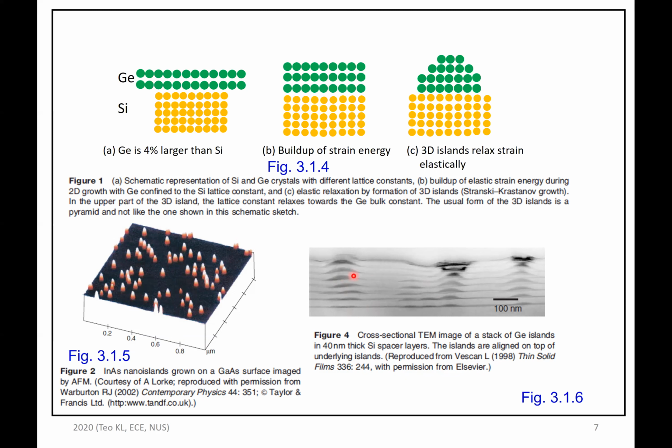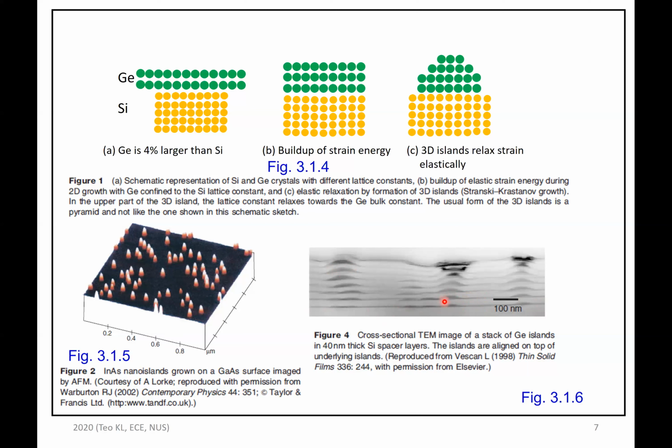For example, I grow silicon on germanium, and then the germanium forms the island. So basically, using a substrate, I grow germanium and form the island. The next layer, I grow silicon again, and then I grow germanium on top of it, and I form an island.